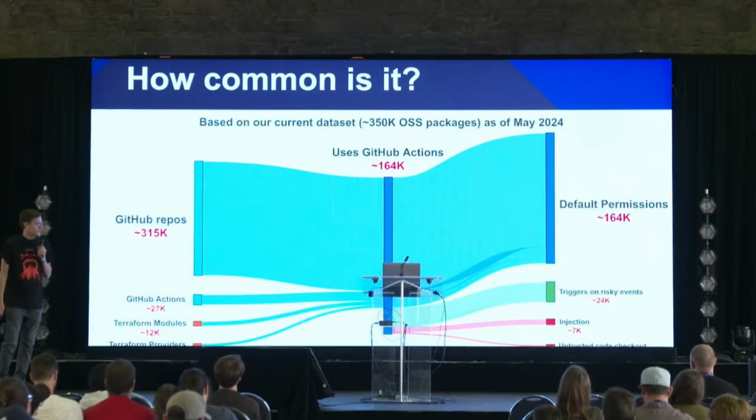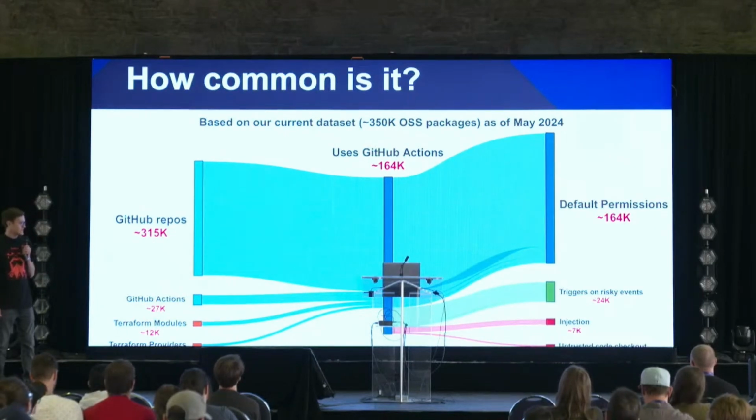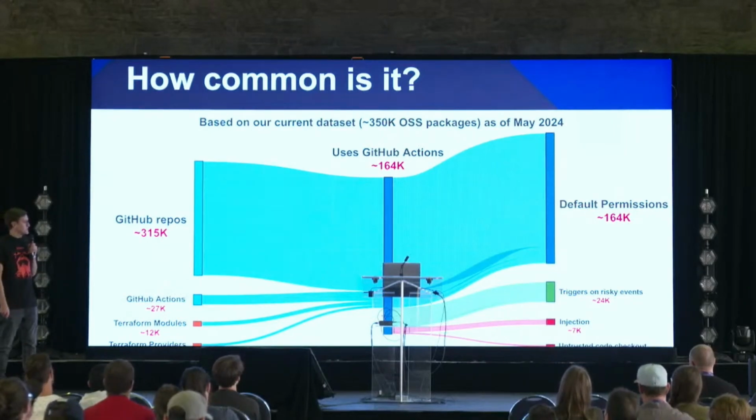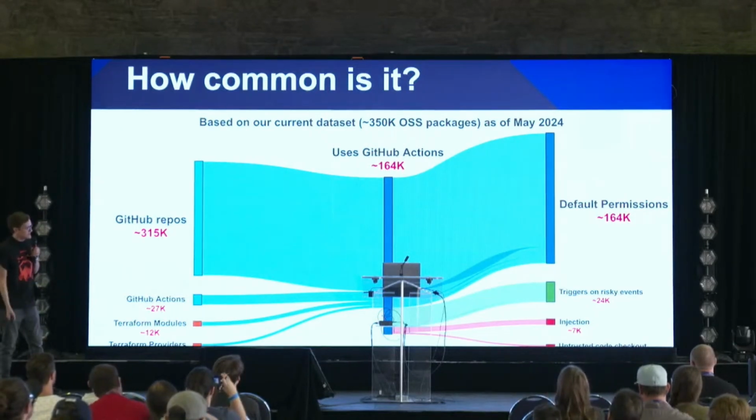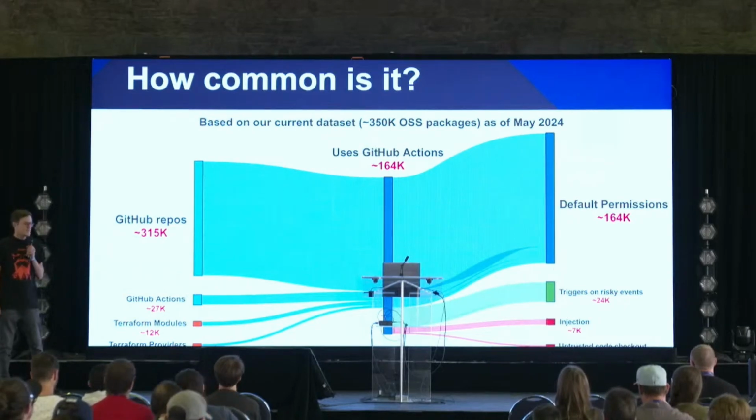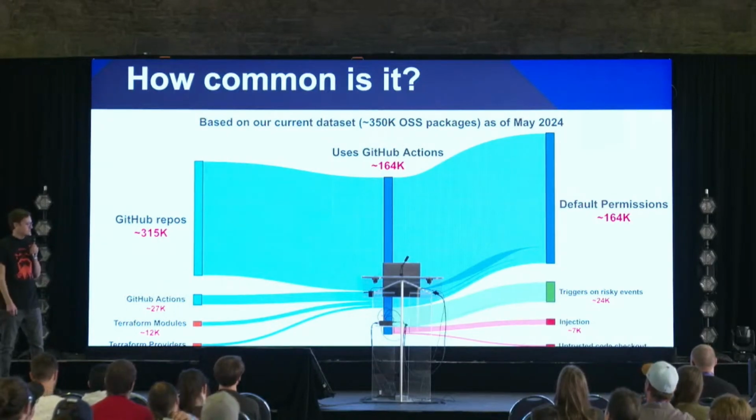This is a sample of the current data that we have and some of the heuristics that we're using. So on the left, you see the input packages. And then we see in the middle that roughly half of the repositories that we found had GitHub Actions. And then, interestingly, most or all of them don't define permissions. So depending on where this workflow is, it may inherit more permissions than it needs.